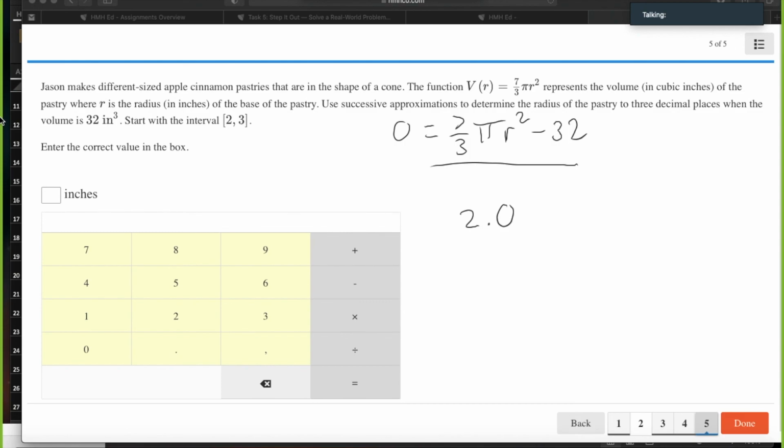Okay, so 2.09, we finally get into a positive number. So that means 2.08 is my next digit.